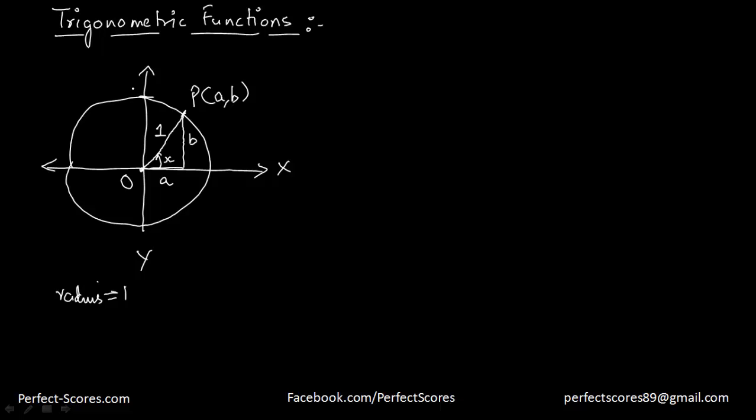And this point over here, it's going to be 0 comma 1 because the radius of the circle is 1. This is going to be 1 comma 0. This over here, it's going to be 0 comma negative 1, this point right here. And this point right here, it's going to be negative 1 comma 0, right? So we have actually set up this equation over here, right?